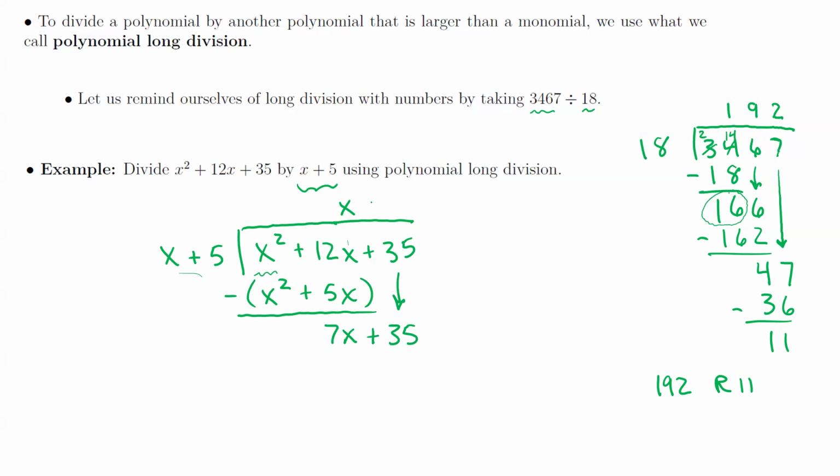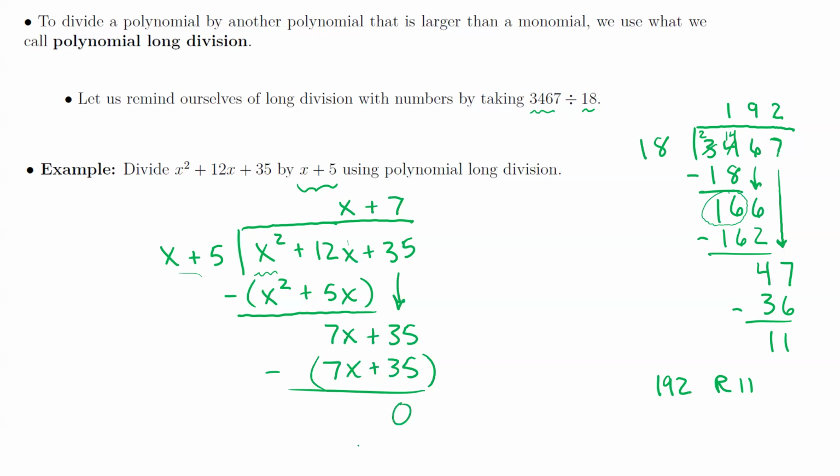Well, of course, 7 times x would give me 7x. So again, I multiply through: 7 times x is 7x, 7 times 5 is 35. So we'll subtract those. 7x minus 7x is 0. 35 minus 35 is 0.